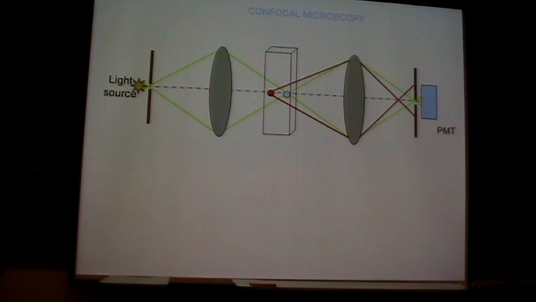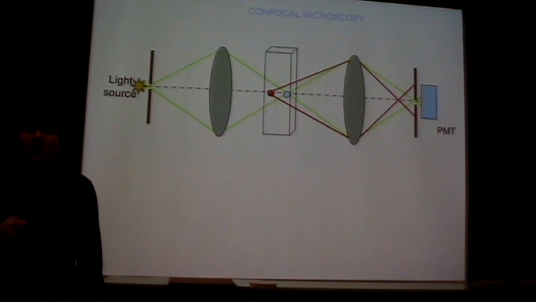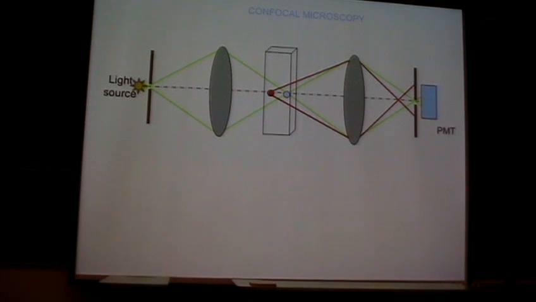Now we will proceed to the basics of confocal microscopy. This slide shows the principle of confocal microscopy as it was originally proposed by Minsky several decades ago.